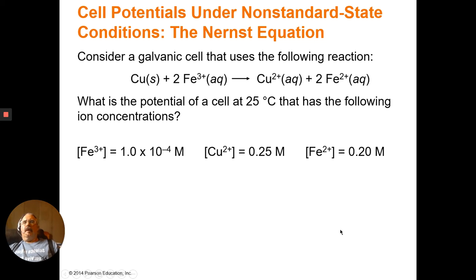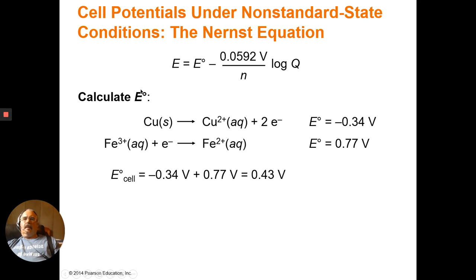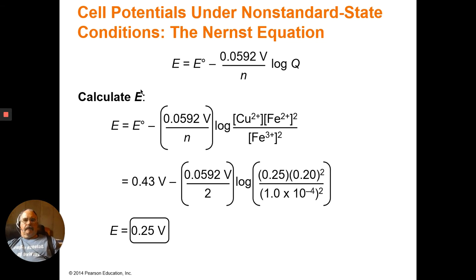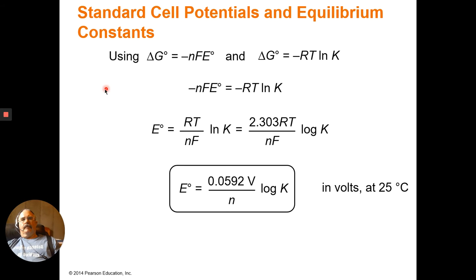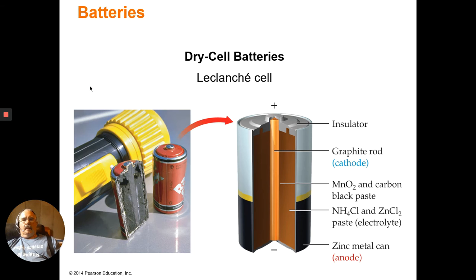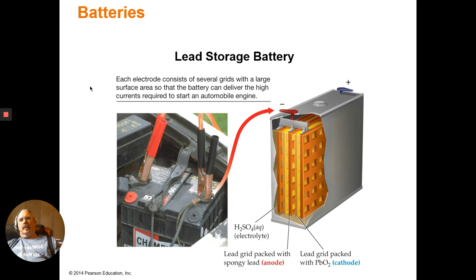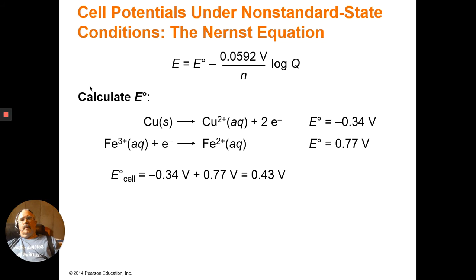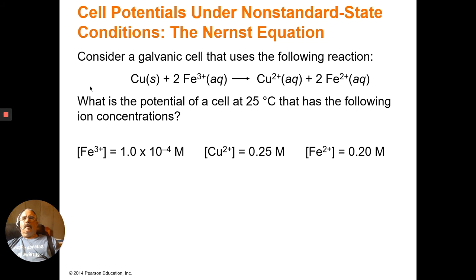So here's an example of calculating cell potentials under non-standard state conditions. Here we have copper being oxidized to copper 2 and iron 3 being reduced to iron 2.